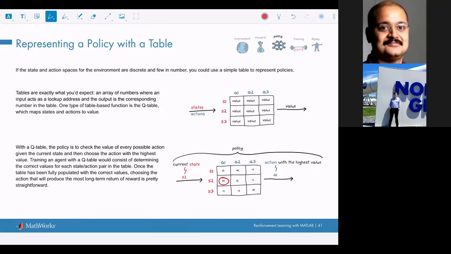This table gets updated after every action. This is called the Q table. In this particular example, there are 3 states and 3 actions, so you have 9 values. And if you take a certain action, this Q table gets updated.